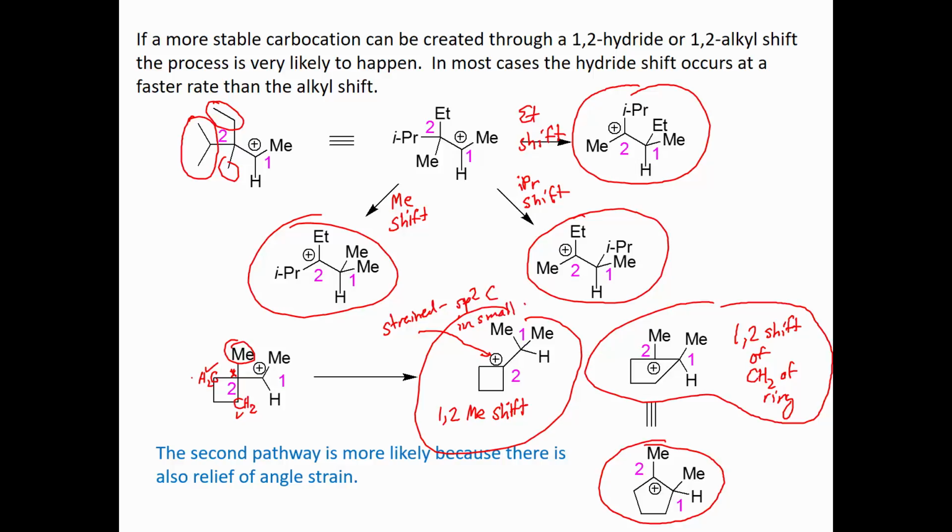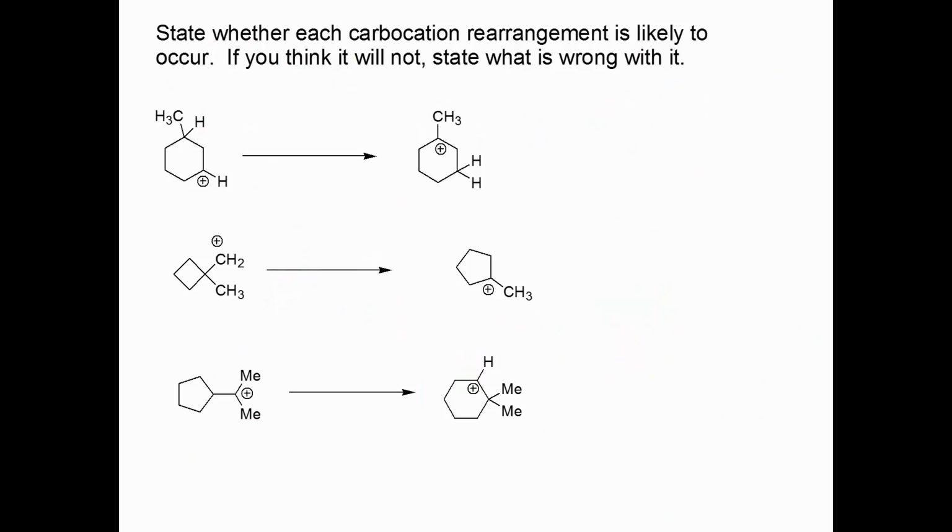Okay? All right, so of these two alkyl shift processes, the one that expands the ring is a lot more favorable than just shifting the methyl. Both result in tertiary carbocations, but the tertiary carbocation that you get from shifting the CH2 of the strained ring is much more stable. Okay, all right, so we're going to end this slide by doing two problems.